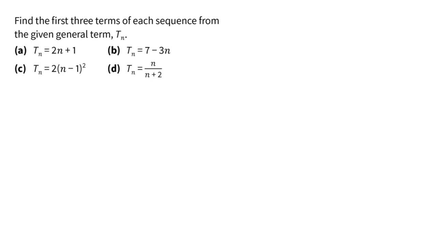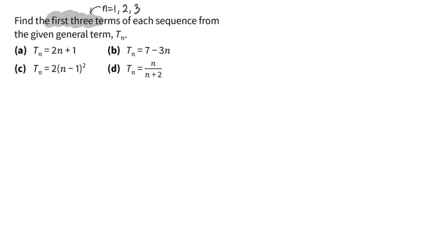Hello everyone, welcome to this video where we are given the general term, Tn. Alright, so when they talk about the first 3 terms, they are essentially asking us to find what is the term T when n equals 1, 2, and 3.